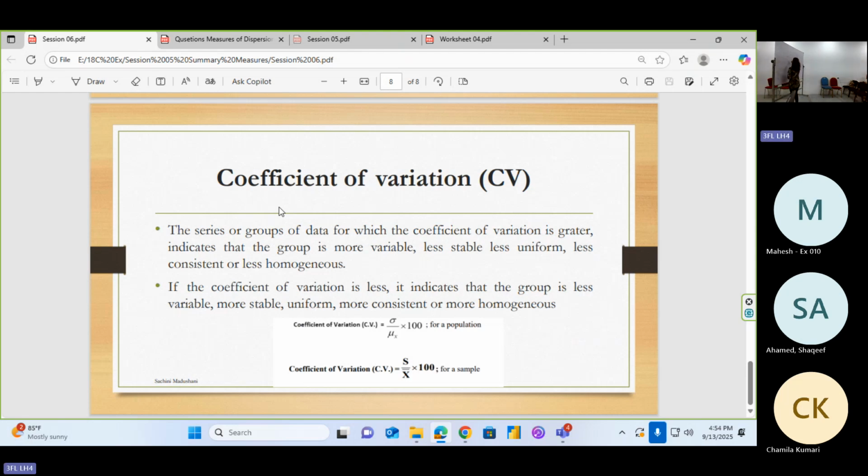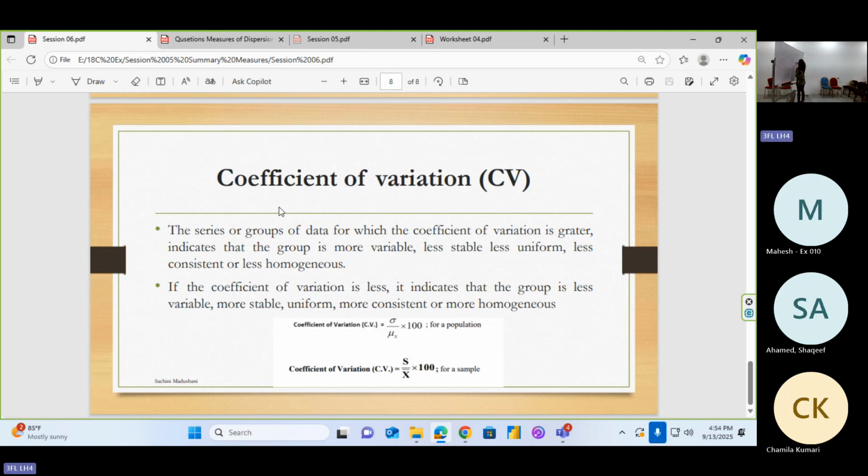Then 40.345 divided by 200, times 100. Okay.